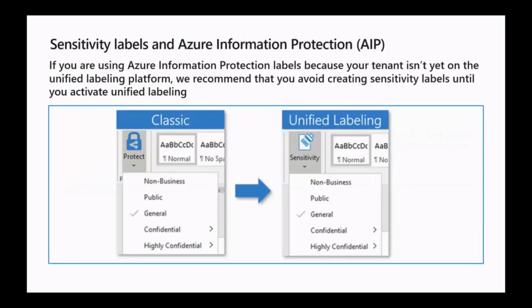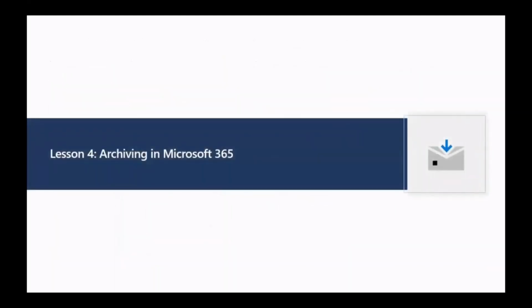In this case, the label manager for Azure Information Protection labels in the Azure portal is worth mentioning, as it was deprecated last year. In that case, it is very recommended that you use sensitivity labels instead of Azure Information Protection. That is the general idea.